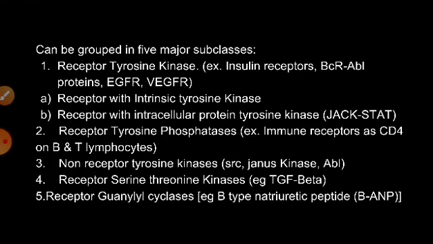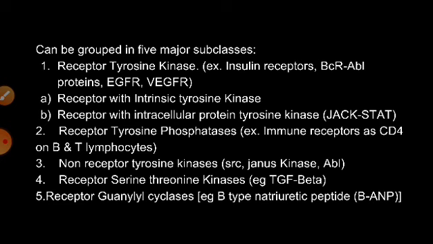These receptors have various variants, because different types of enzymes are attached with them. On this basis, they can be grouped into 5 different types of receptors. The first one is the receptor tyrosine kinase.